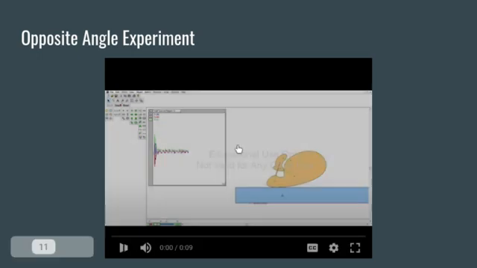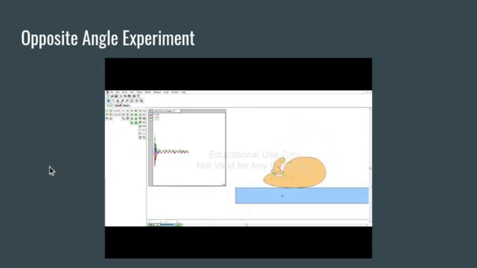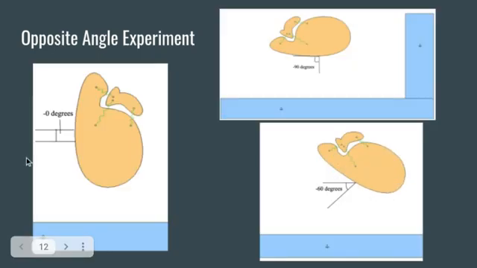The second experiment was the opposite angle experiment. Here is a video of the opposite angle Model 1 experiment at negative 60 degrees. For this experiment, the independent variable was again the angle of the model.